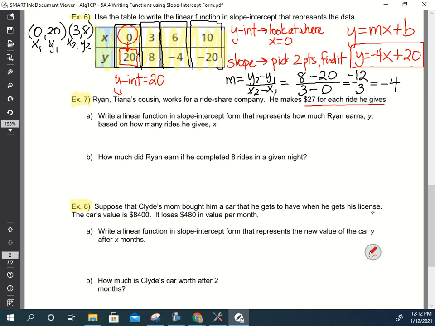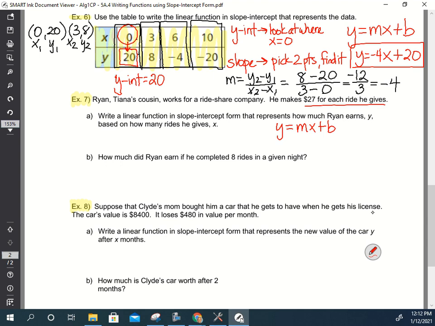Write a linear function that represents how much Ryan earns based on how many rides he gives. So we have y equals mx plus b. So, based on the problem, how much does he get each time he gives a ride? $27.